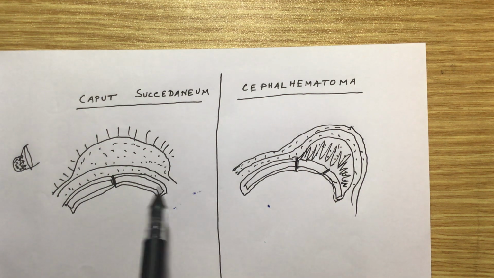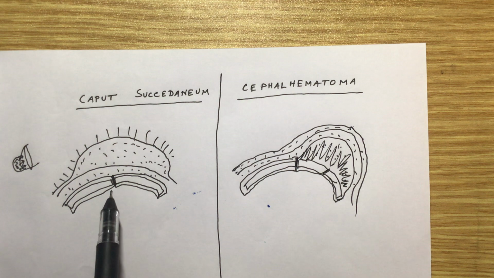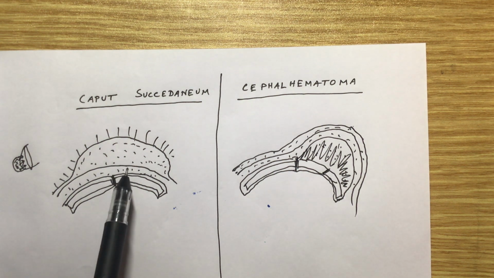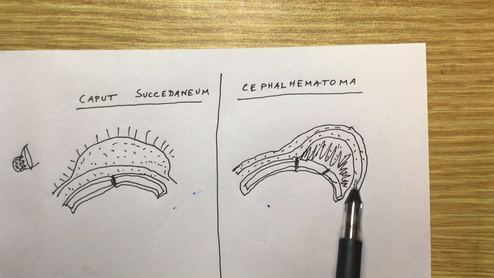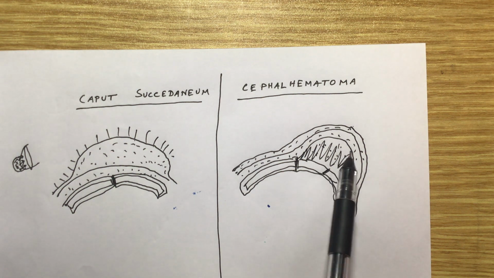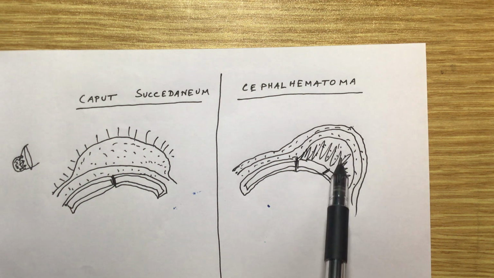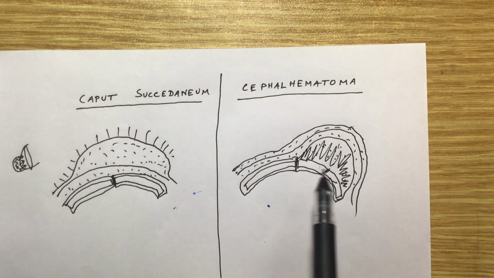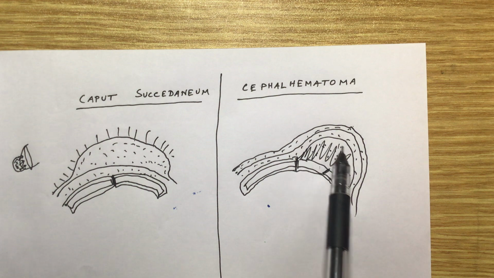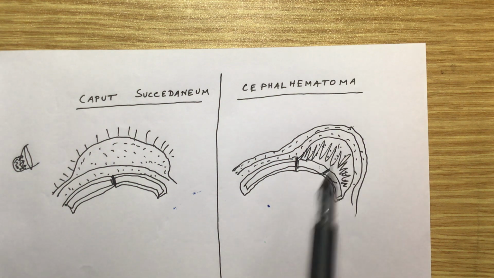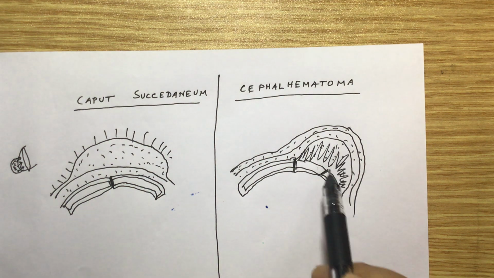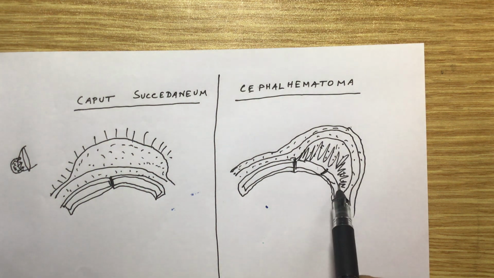Caput succedaneum will not follow the suture line. It is present in the second layer, in the superficial layer. Whereas cephalhematoma is present below the fifth layer, in between the fifth layer and the skull bone. I've already described that the pericranium is attached loosely over the bone except at the sutural line.